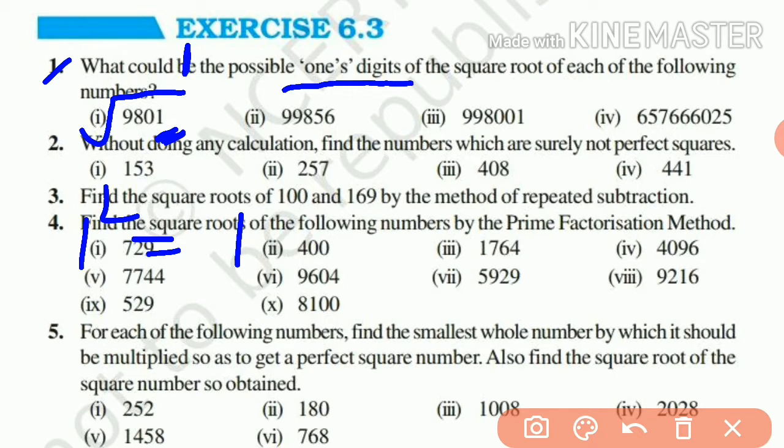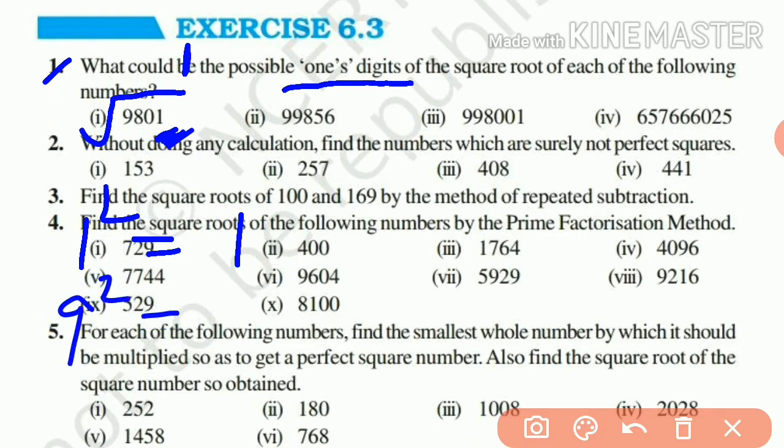The square of 3 is 9, the unit place is 9, and here it is 1, so this is not possible. The square of 4 is 16, the square of 7 is 49, the square of 8 is 64; none of these is possible.